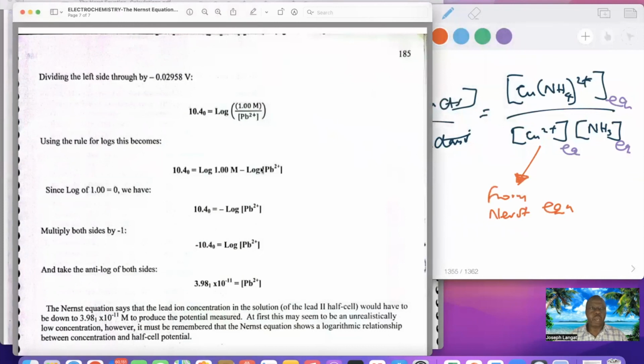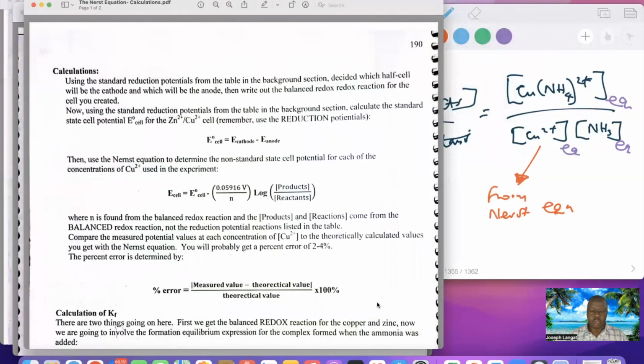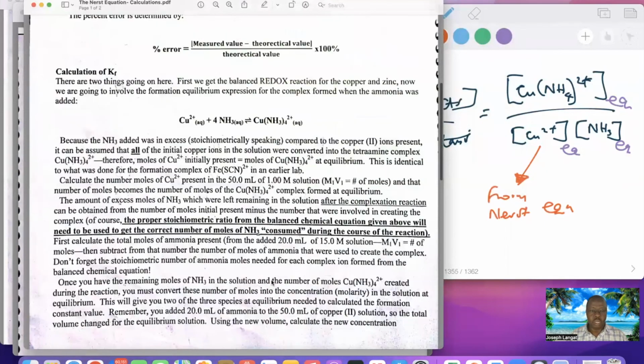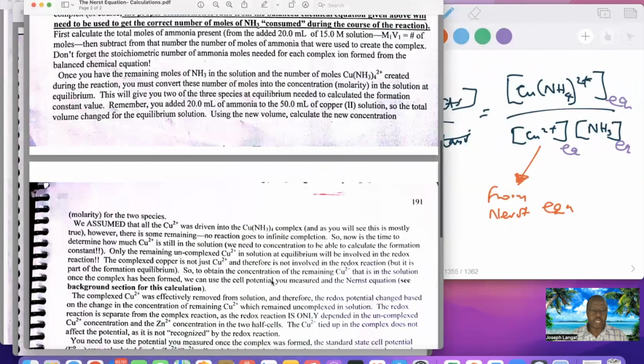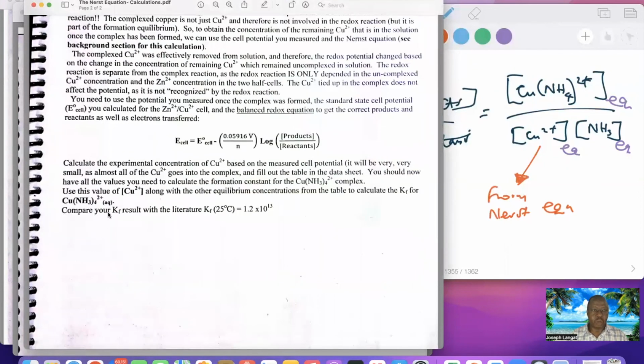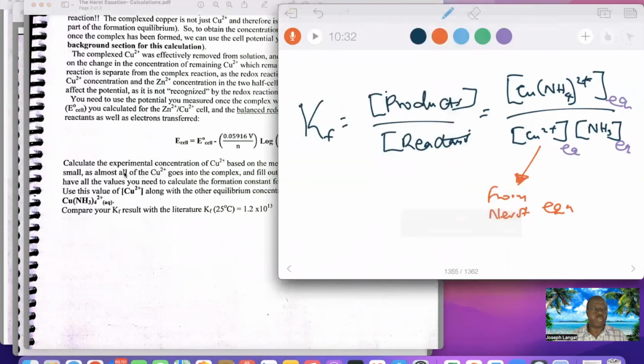You will determine, let's see what we have on the data sheet, the formation constant. You calculate the percent error. You see this, compare your value with the literature. This is the literature, 1.2 times 10 raised to positive 13, in order to complete the data sheet.